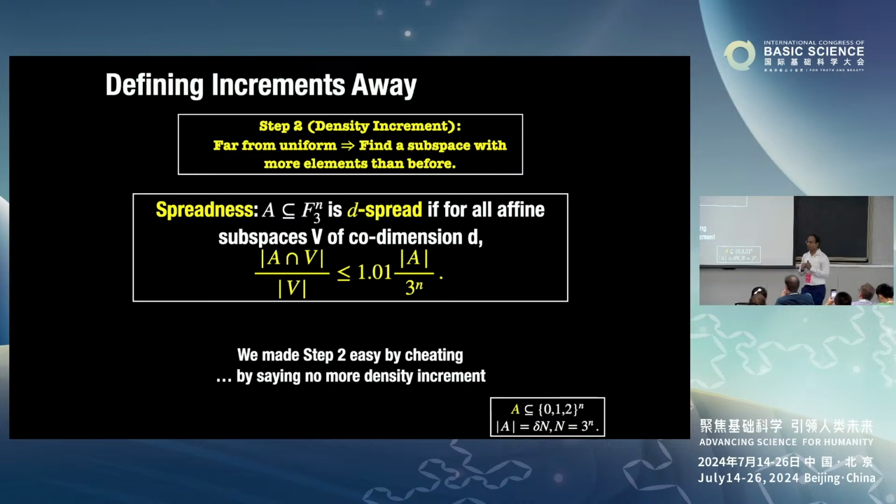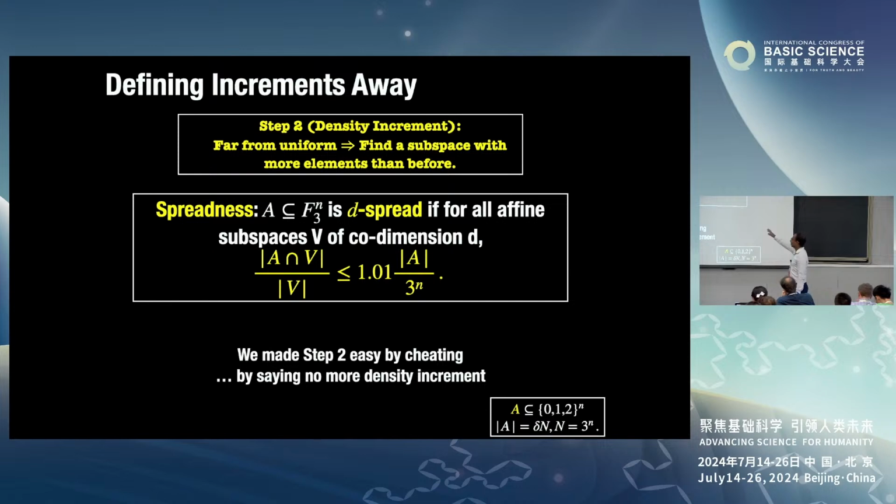Instead of defining it by uniform density increment, I'll use the word spreadness. A set A is D-spread if, as long as it's codimension, I look at this, the relative density is not more than a small constant factor.